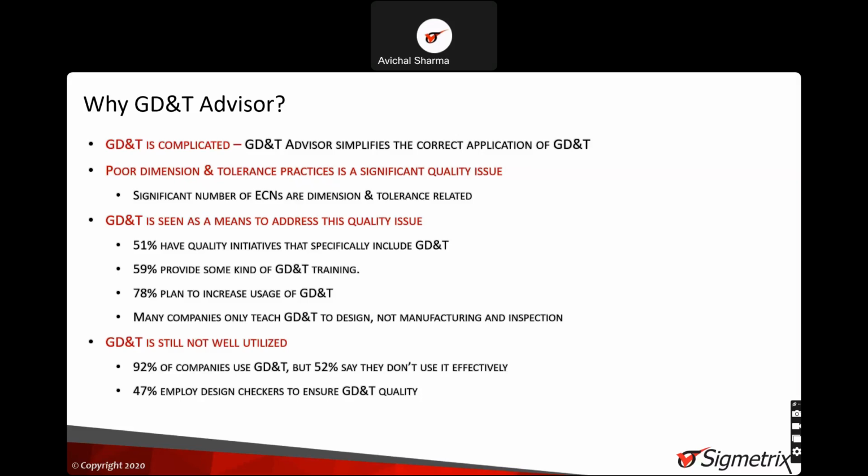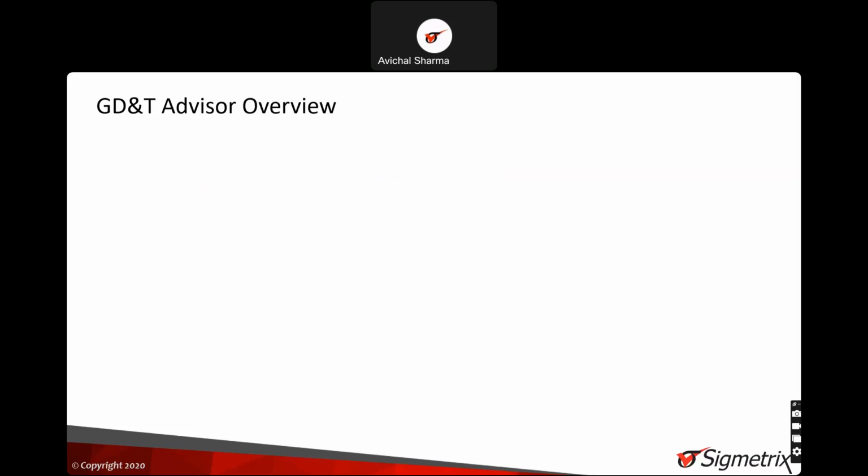Those things become problematic when you use GD&T throughout your engineering process. So 80% of the companies are still struggling with improper use of GD&T.